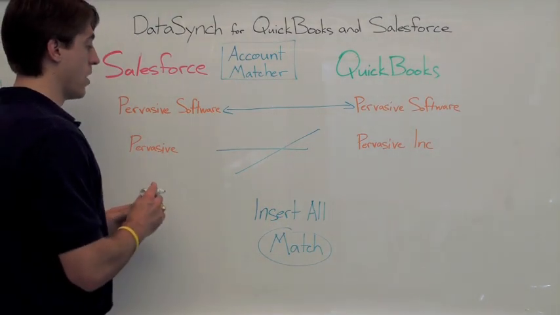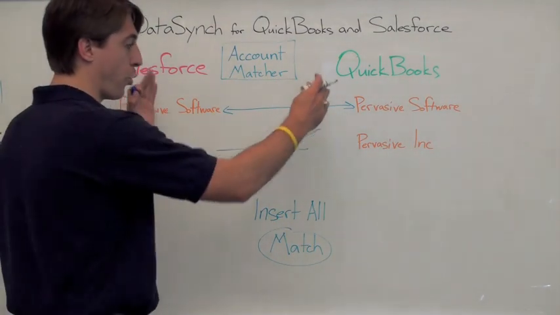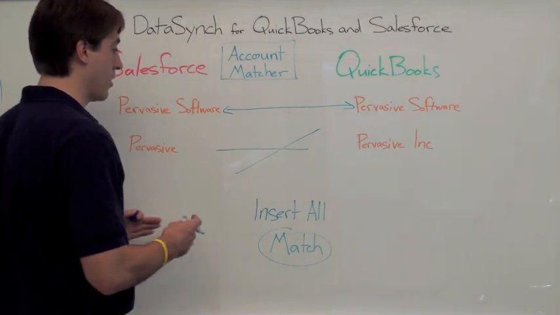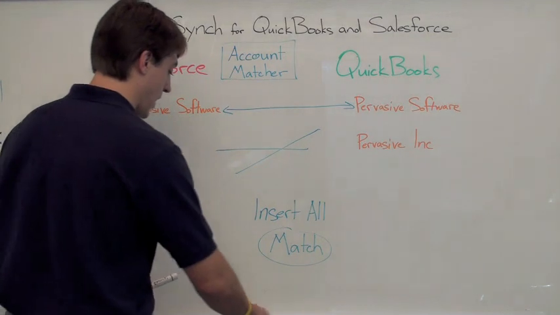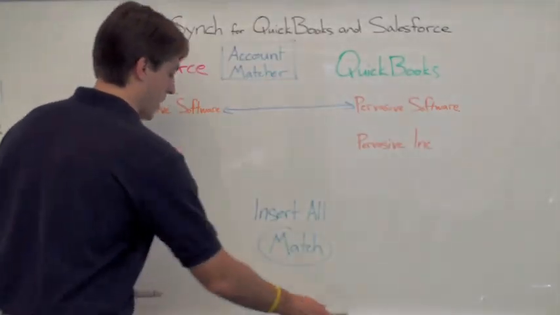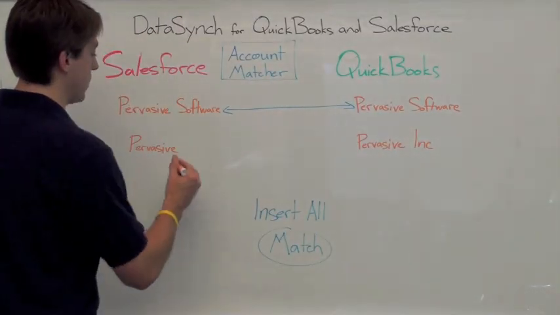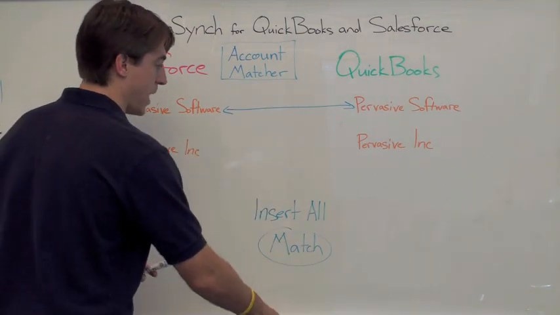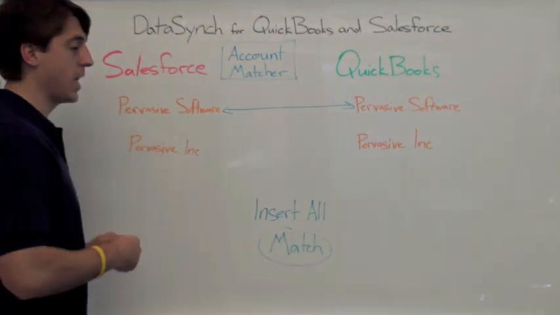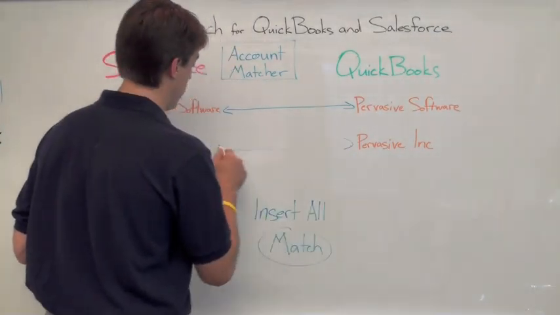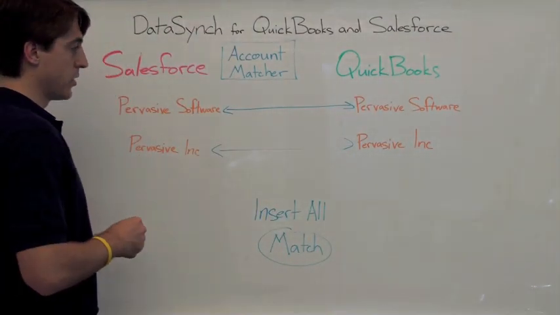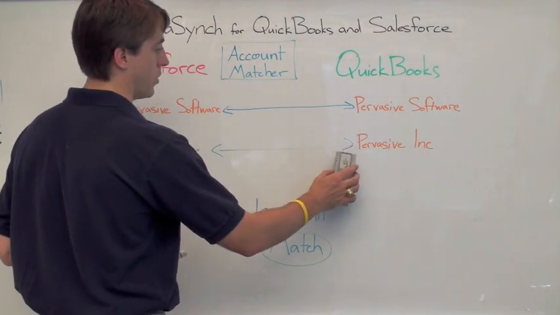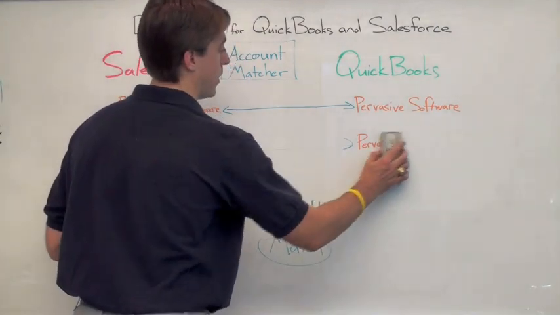If you do want it to link up, you're going to have to go through one or the other and make sure that the things that you want linked up are named the same thing. In this case, what you would do is simply go into Salesforce, change this to add an Inc so it matches that, run the account matcher again, and then you have these two linked. So that's how the account matcher is actually going to work, the matching functionality.